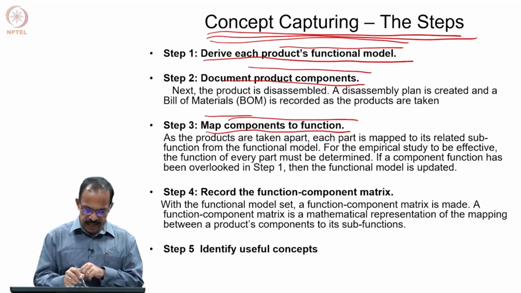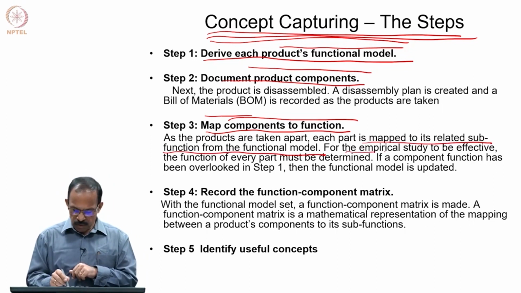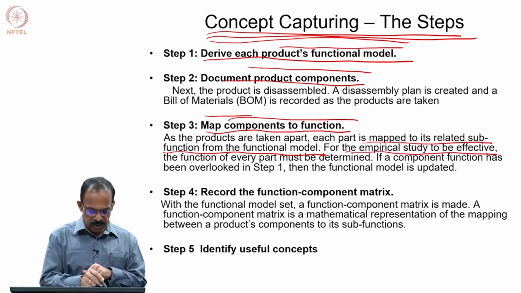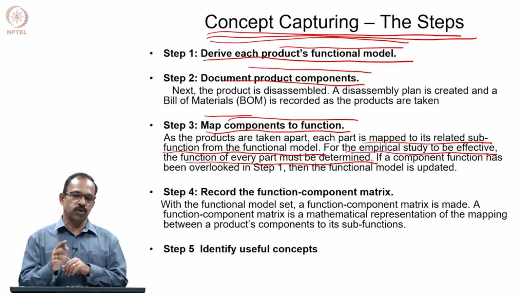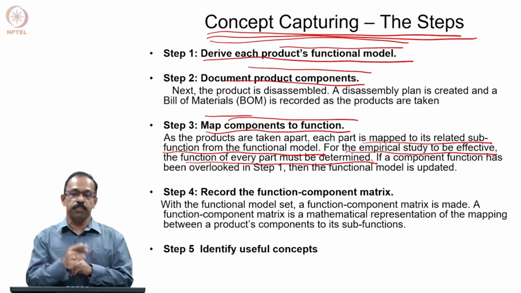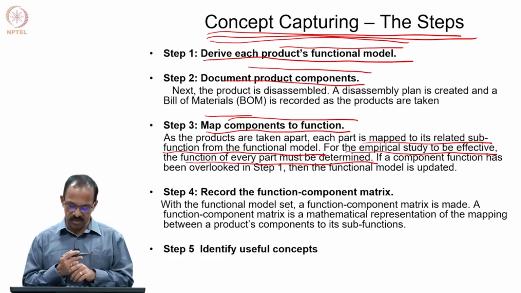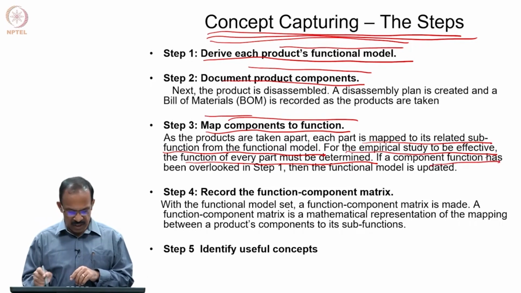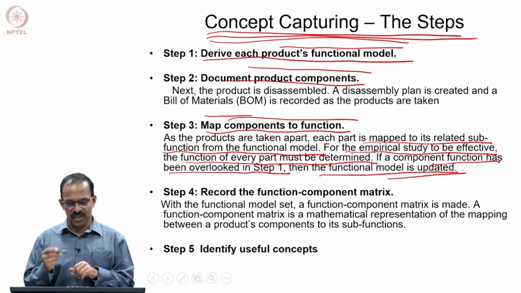So, as the products are taken apart, each part is mapped to its related sub function from the functional model. For the empirical study to be effective, the function of every part must be determined. So, the function of every part needs to be identified to complete this study. And if a component function has been overlooked in step 1, then the functional model is updated.